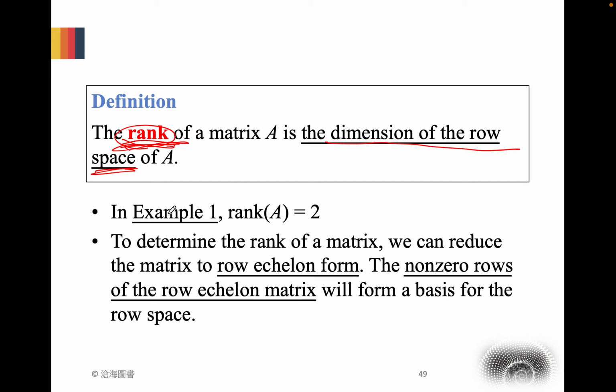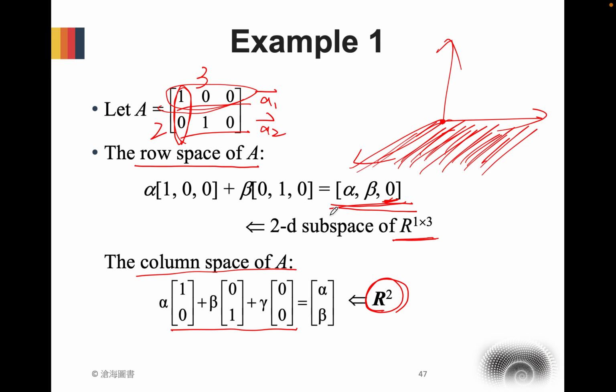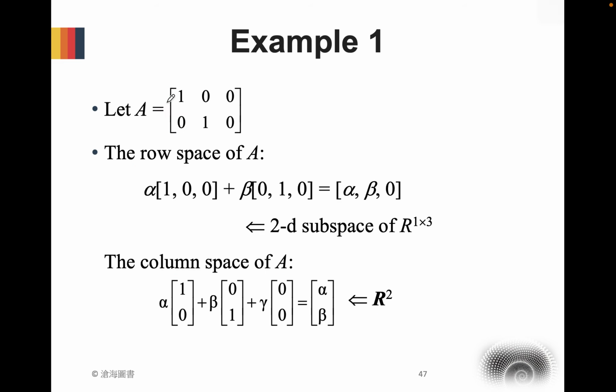And in the previous example, example number 1, rank A is equal to 2, because the dimension of the row space is 2, since we can use 2 row vectors to span the row space of A. Therefore, the dimension of the row space of A is 2. Therefore, the rank of the matrix A is 2. Okay?